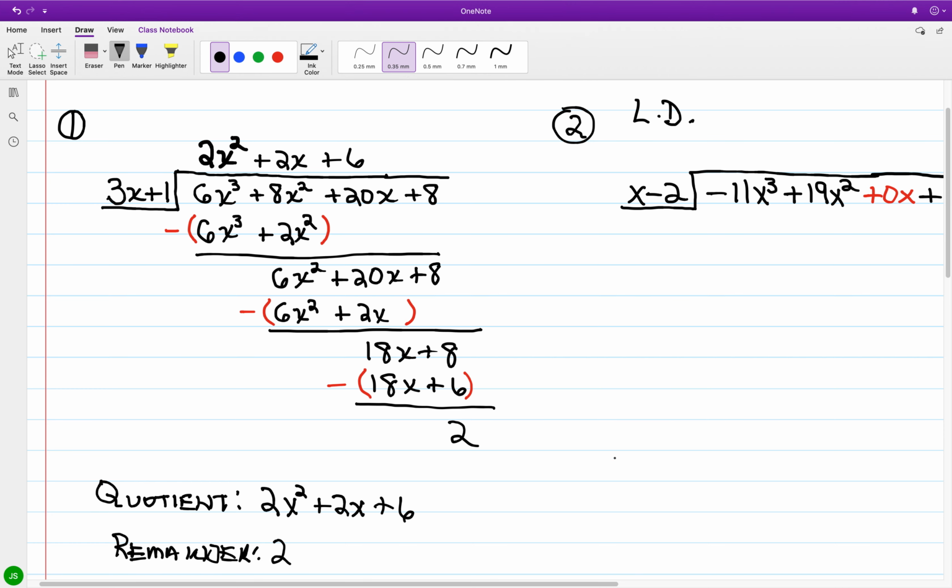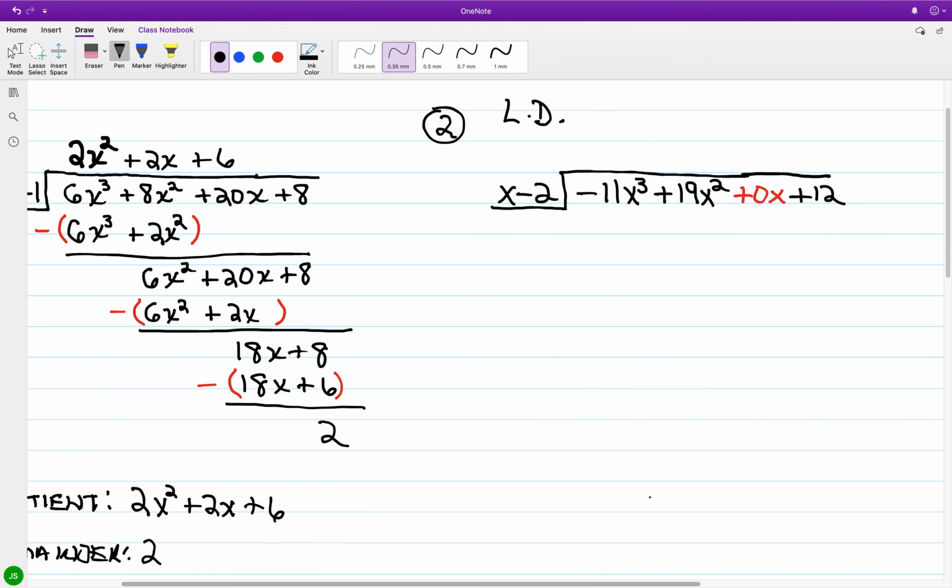We have x minus 2, the divisor, into this third order polynomial dividend. In the dividend, we have negative 11x cubed and 19x squared. However, we have a missing first order x term, so I had to use 0 for placeholder purposes, followed by plus 12.